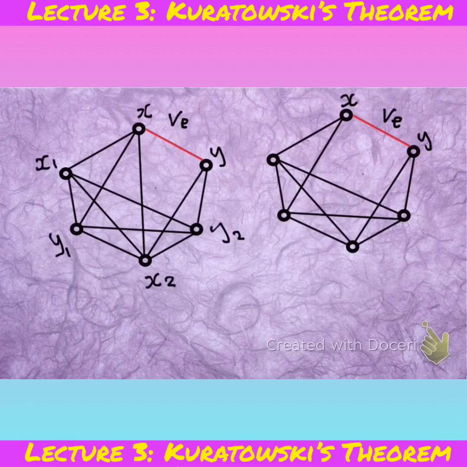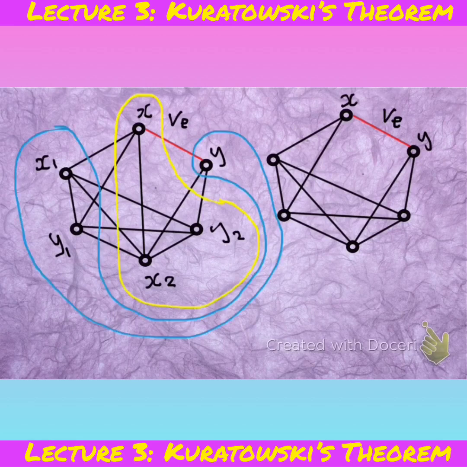All right, so let's label the vertices as indicated there. Let's partition the vertices: x1, y1, and y in the blue set, and the other set, the yellow set, contains x, x2, and y2.